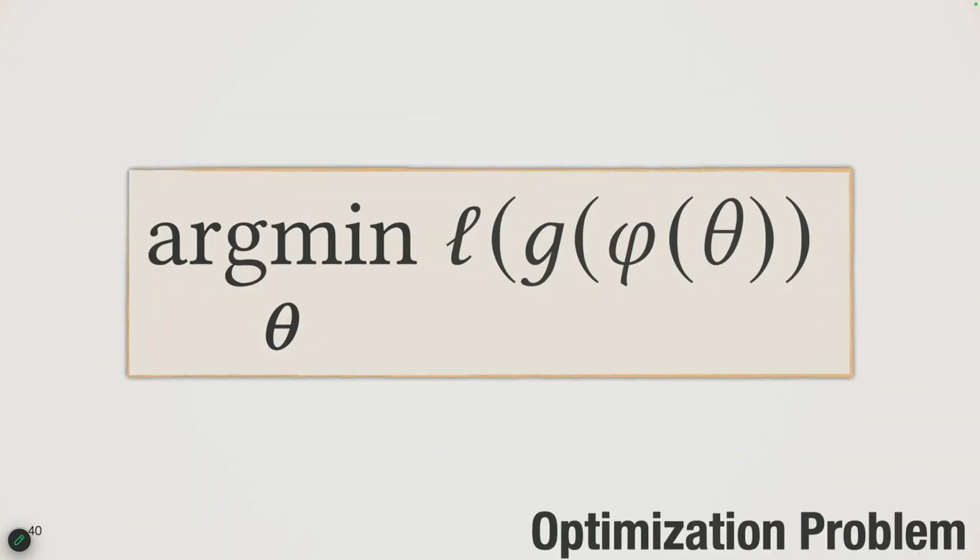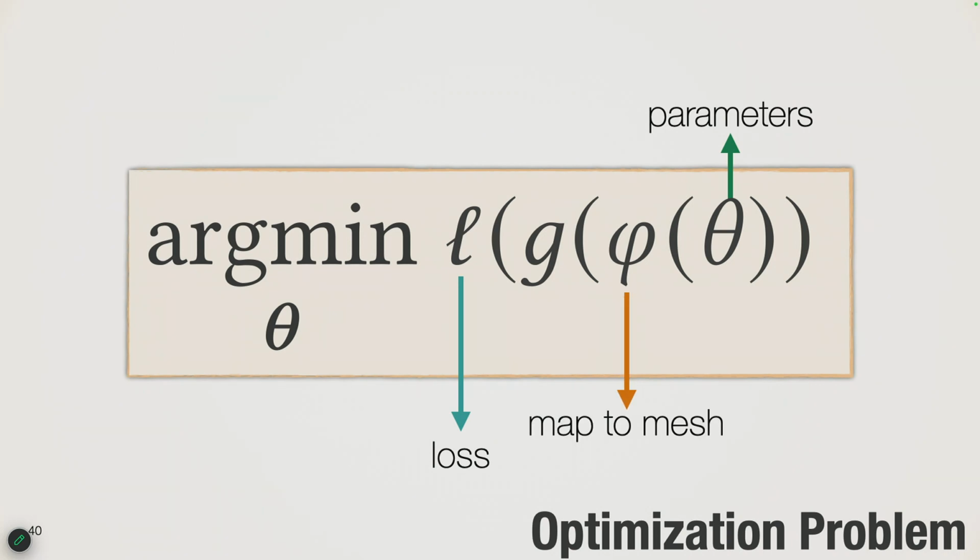Right. So the class of problems we want to solve is: you want to minimize some loss L over some parameters theta. I intend these parameters to be an abstract parameters vector, so nothing to do with meshes yet. Then we have some function phi which maps these abstract parameters to values that live somewhere on the mesh.